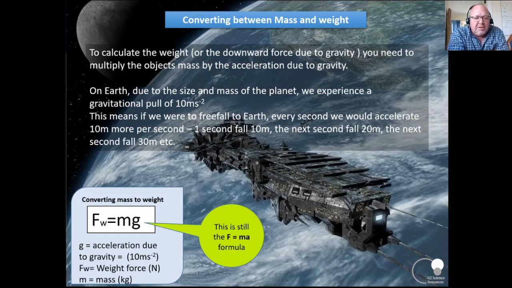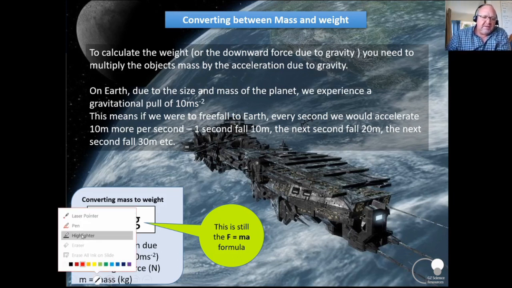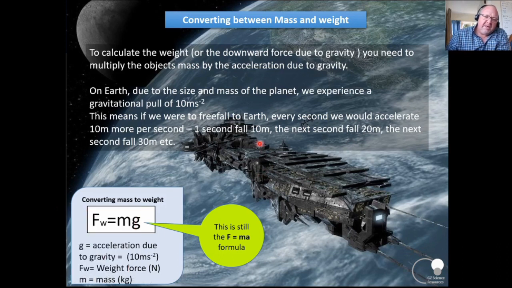Now on Earth, we calculated that the downward acceleration that the gravity of Earth is exerting upon all of us is 10 meters per second squared. If you were free falling, then you would be accelerating.